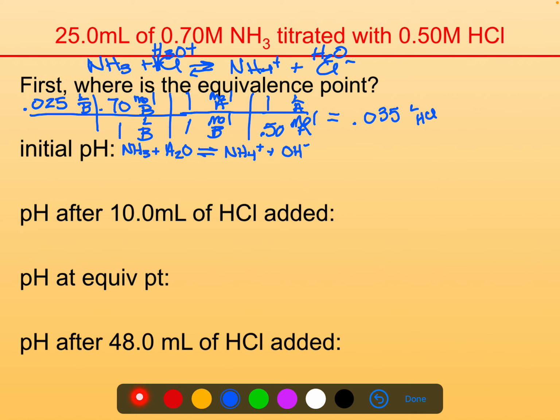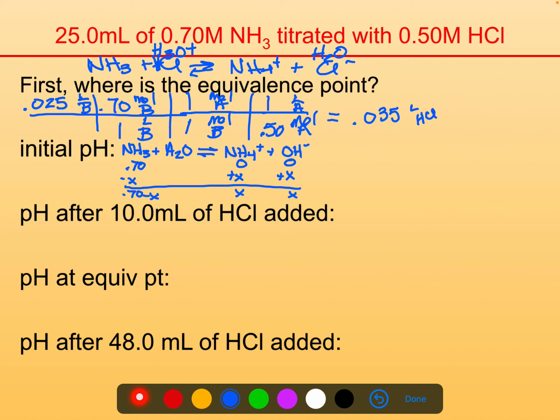So remember, because we are going to have to plug into Kb, we do need to use molarities. So we have 0.70 molar ammonia. We have nothing else initially. So our products are going to increase by X. Our reactant will decrease by X. So we have 0.70 minus X, X, and X.